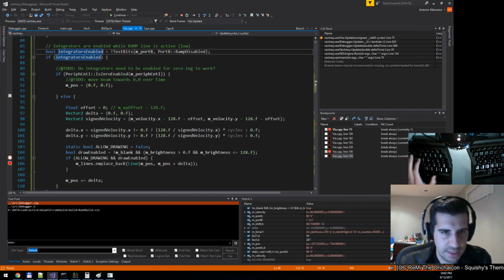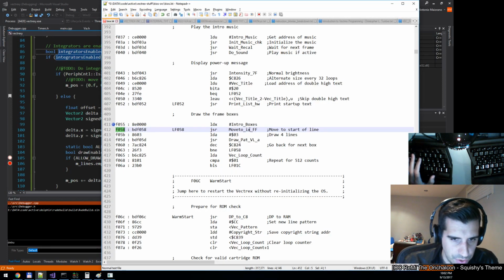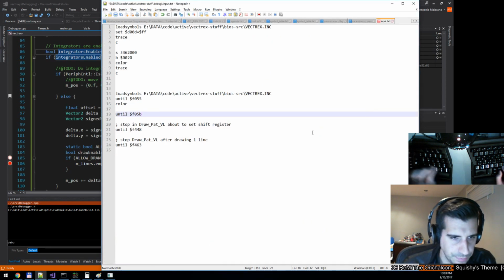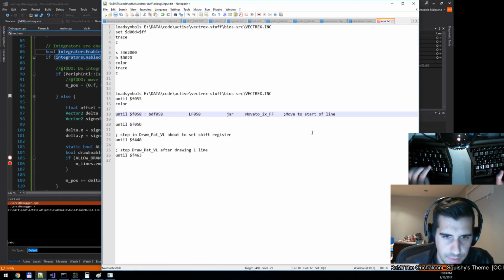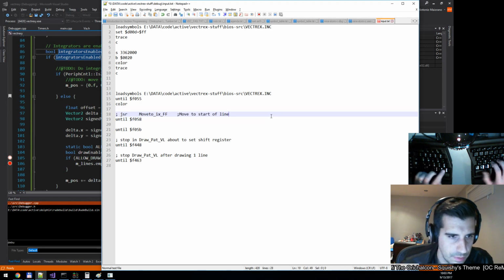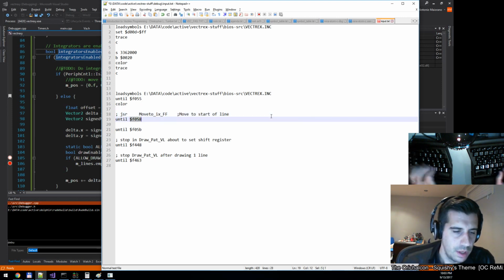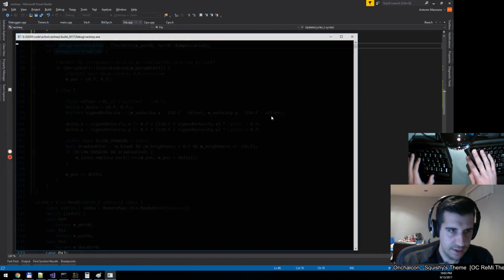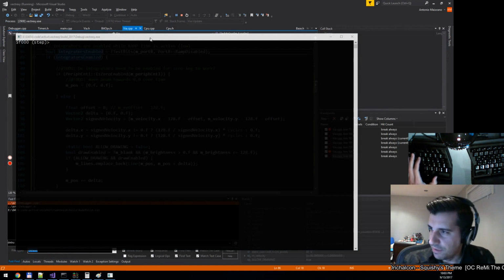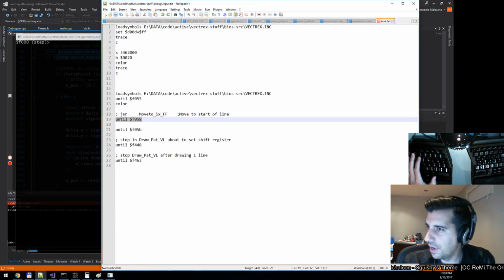Okay, so let's debug it. All right, start again. Just glad I have this debugger. It'd be impossible to understand what's going on otherwise.